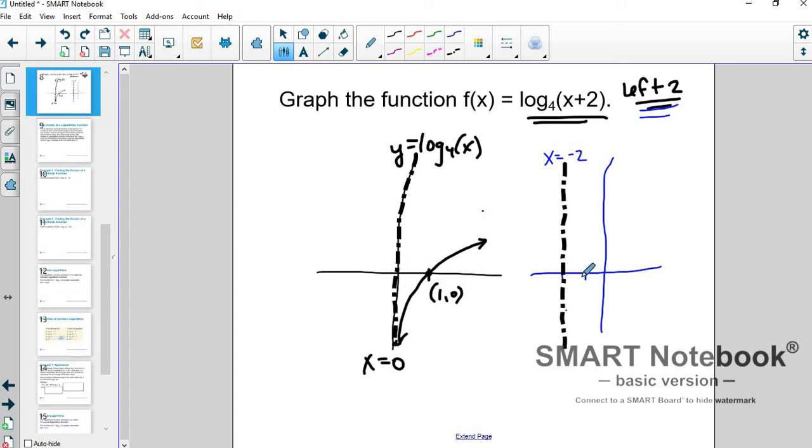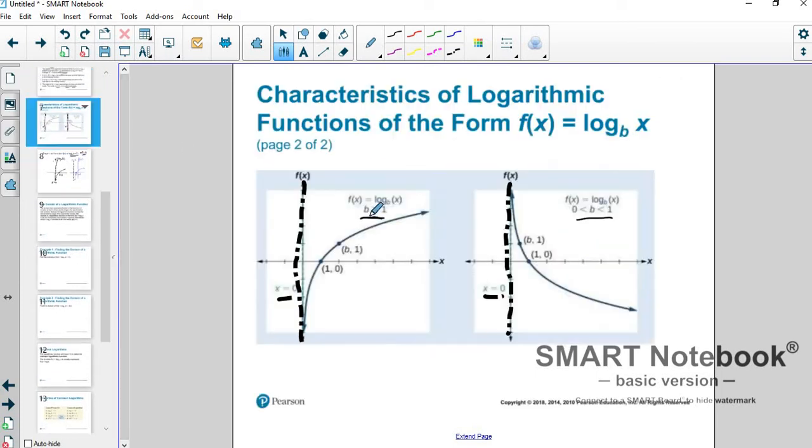That shifts back 2, and so now you have an x-intercept at negative 1, 0. And then the graph, of course, goes up and levels off. Don't worry about where you cross the y-axis right now. Okay, and that is the graph of f of x. So that's how you do it. Simple shifting, same stuff. You just have to know the base graphs and those base graphs again are given here.